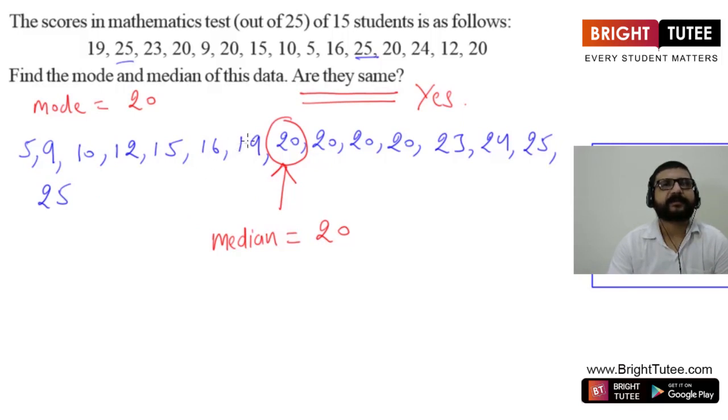That is, we simply organized the unorganized data. And then for finding the median, we arranged the data in ascending order, and then we checked what is the middle value. And we got that the middle value is 20. Therefore, 20 is the median. And mode was also 20. Therefore, we can say yes, both mode and median are same.